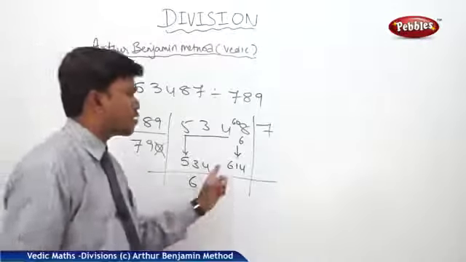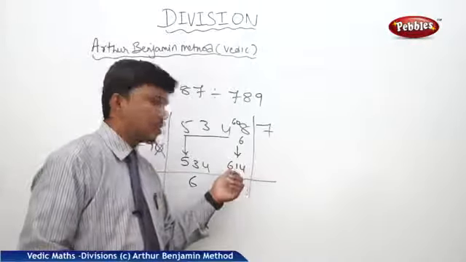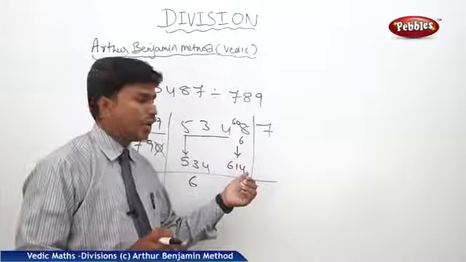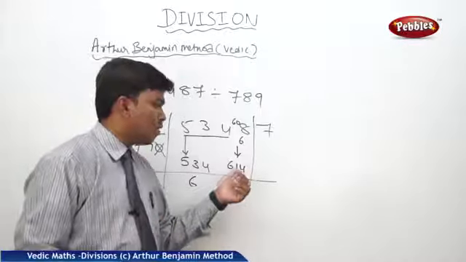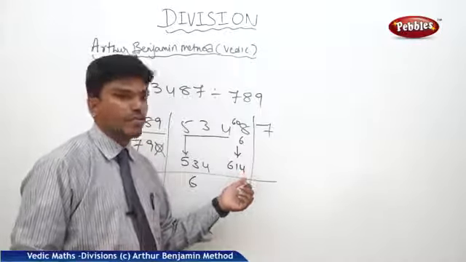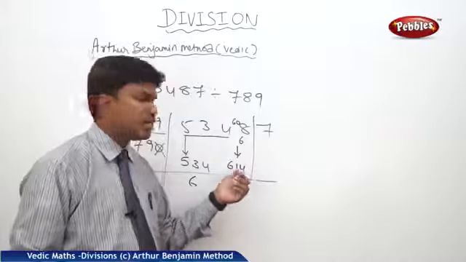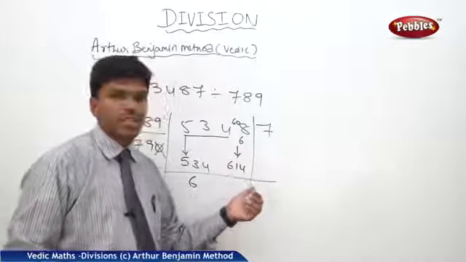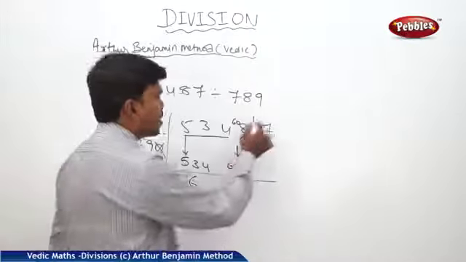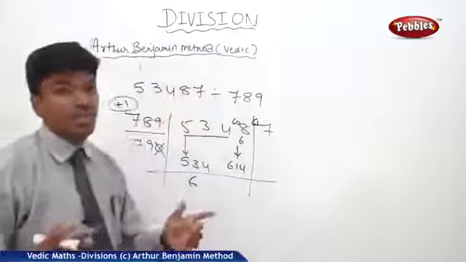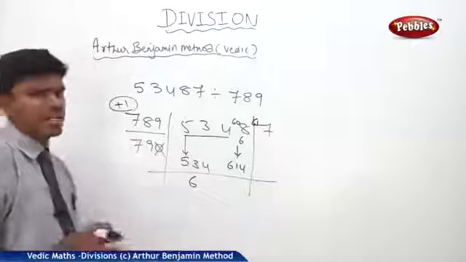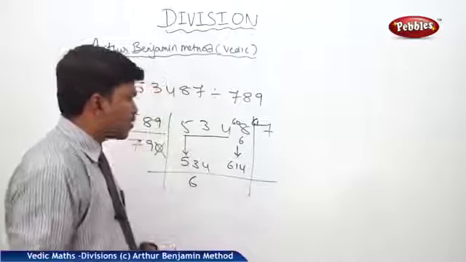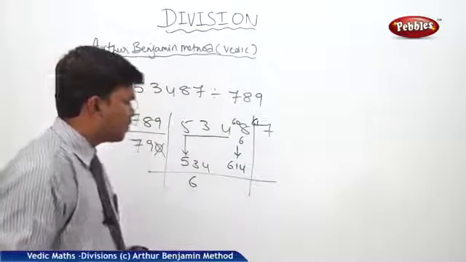Let us do it like this. 614 minus 500, okay. 114 minus 53 you need to do. 114 minus 50, that is 11 minus 5, 6, and 4 minus 3, 1, so 61. So 61 will be my remainder. You can do it in the mind easily, it doesn't matter.